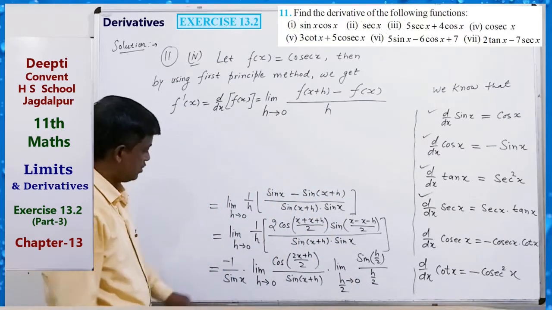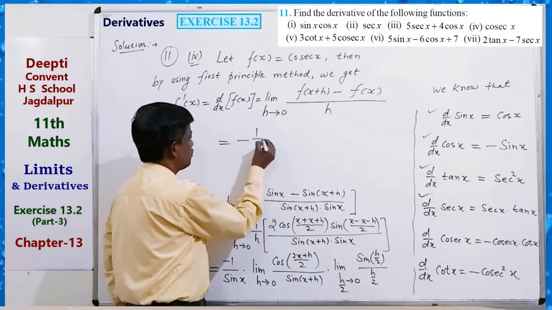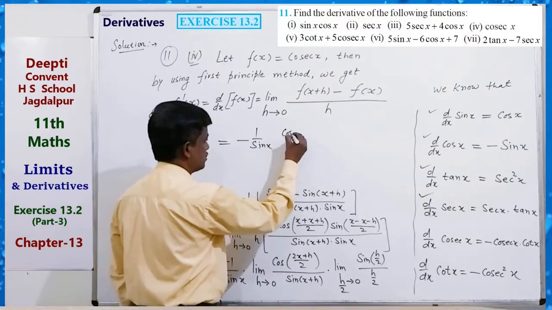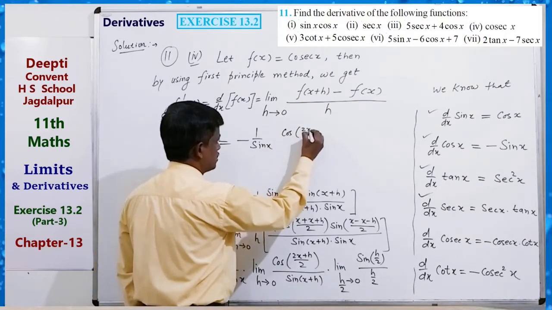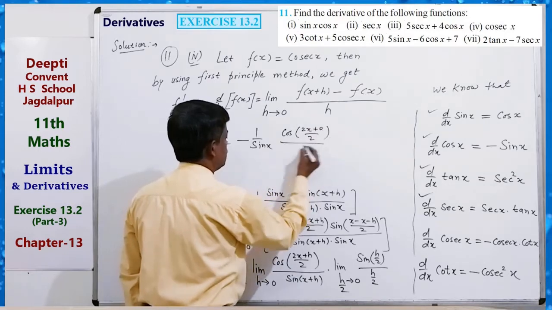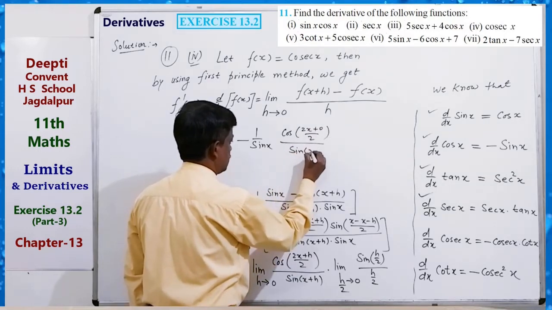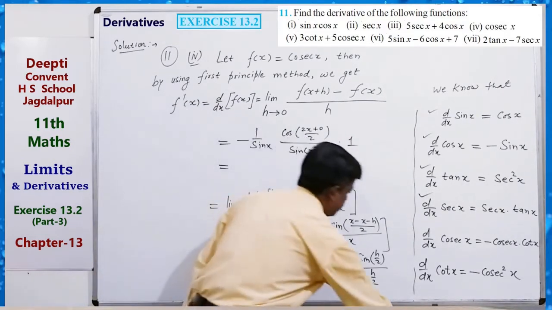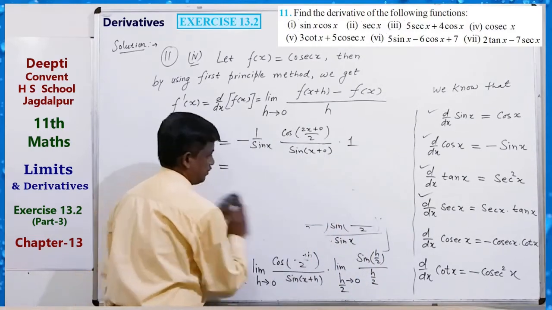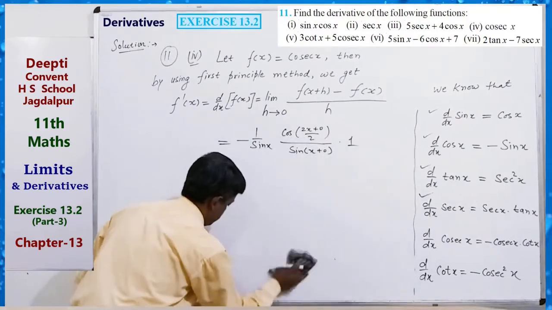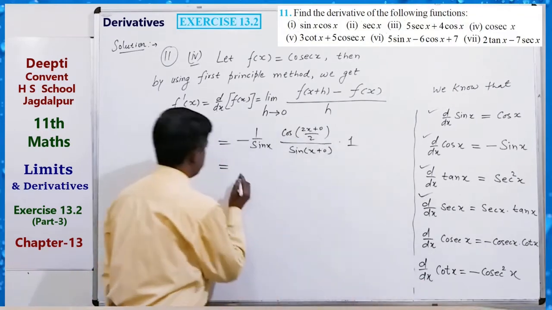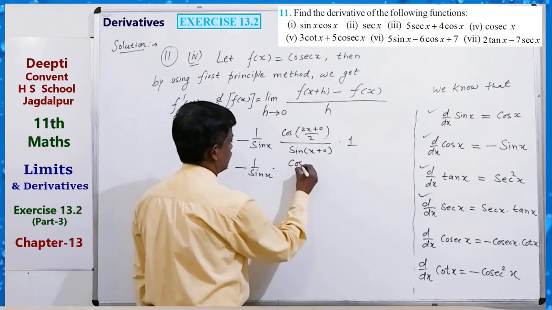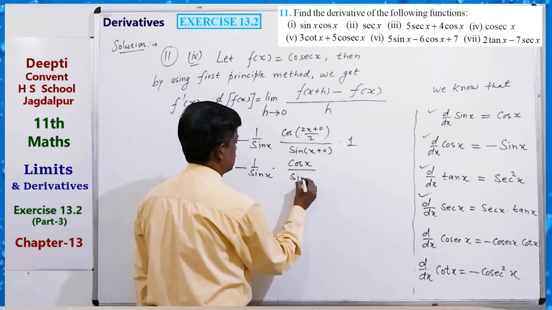After this line, we can write minus 1 upon sin x, this limit cos of 2x plus 0 by 2 upon sin x plus 0 into 1. So we are getting minus 1 by sin x, cos x upon sin x.